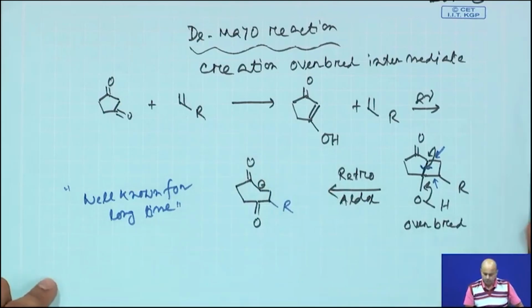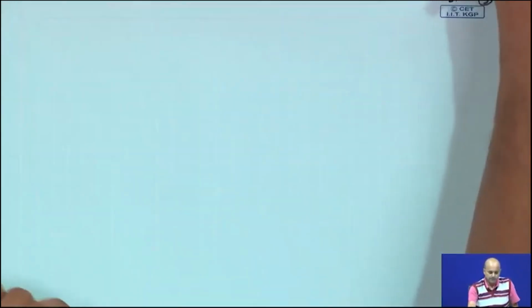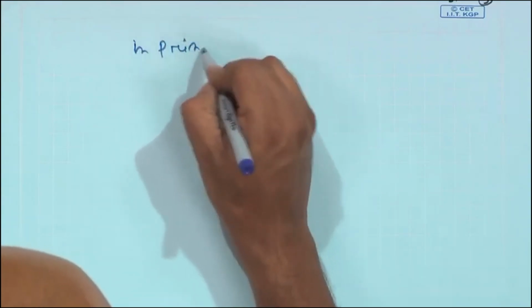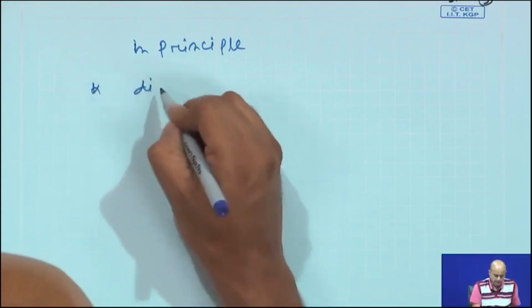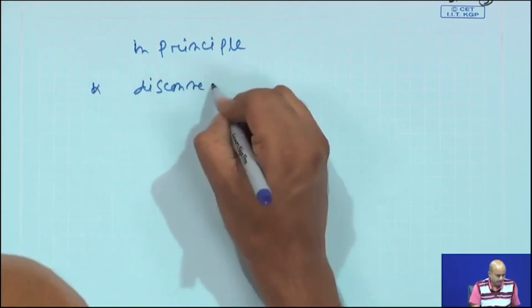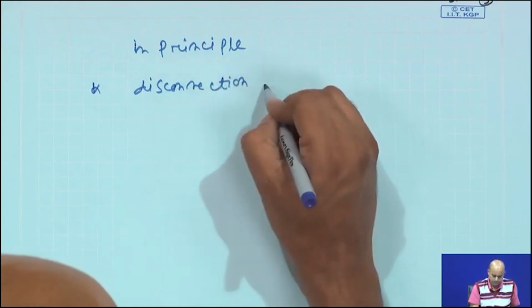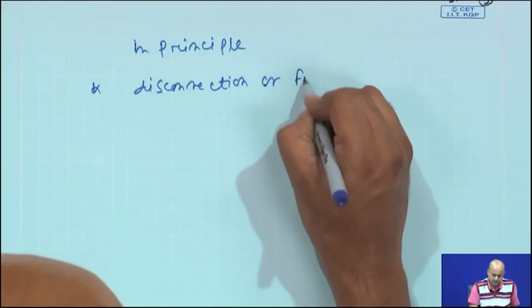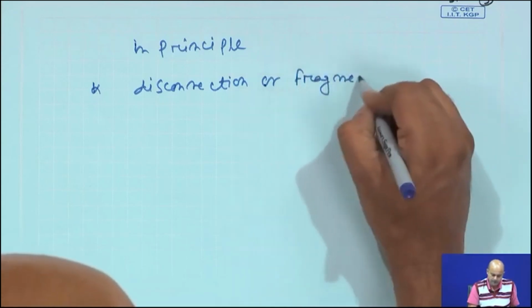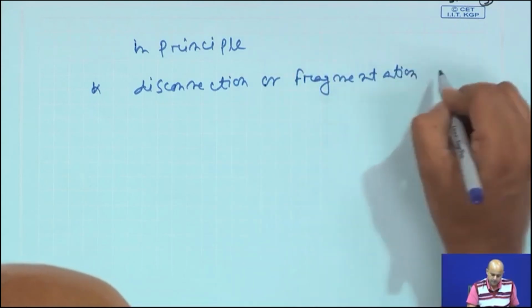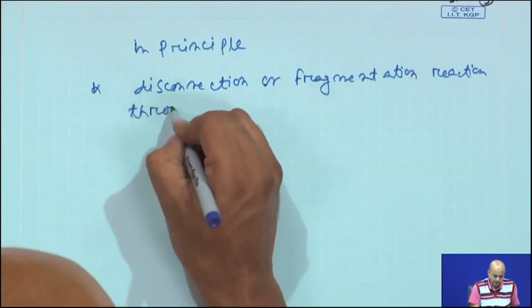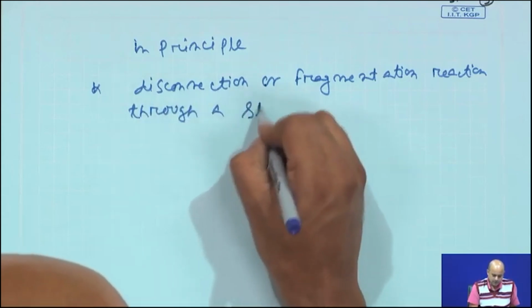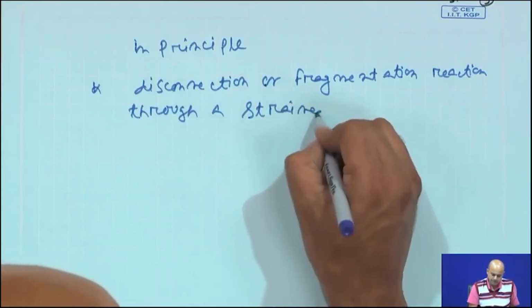So overbred intermediates are, in principle, a disconnection or fragmentation kind of reaction through a strained intermediate.